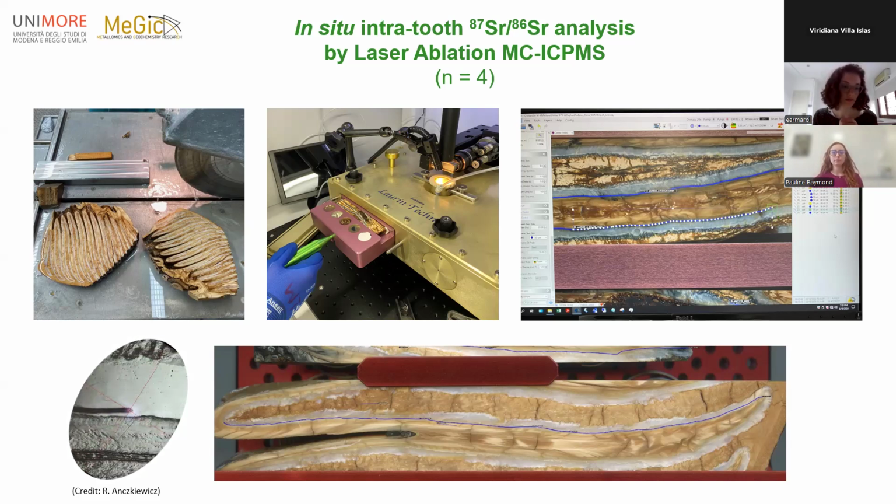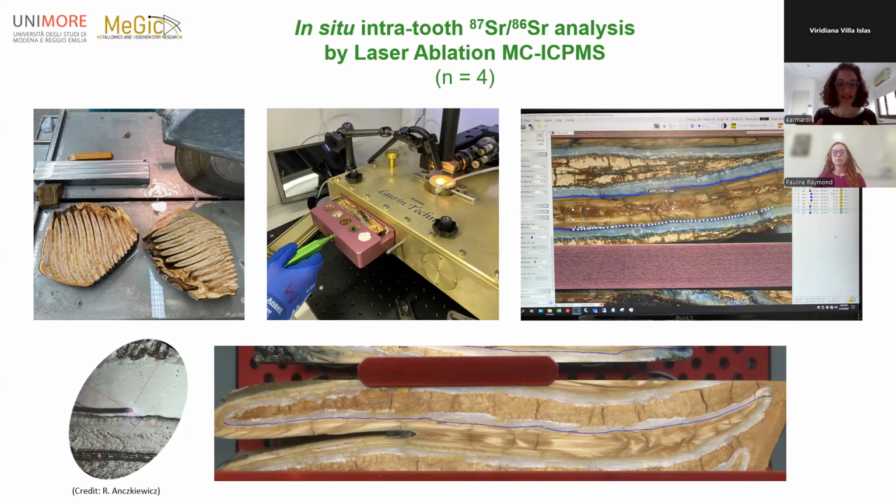Here there is a cute GIF of the laser working. The spot size of the laser is very, very small, more or less 100 micrometers, and the scan speed was more or less 1.5 millimeters per second, sorry.